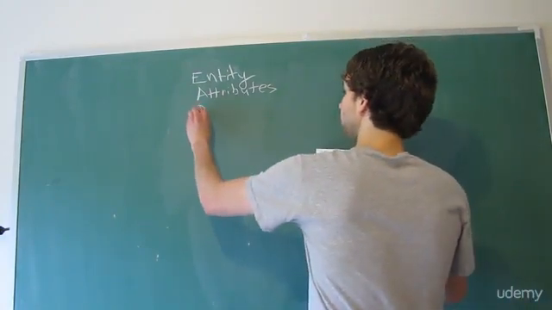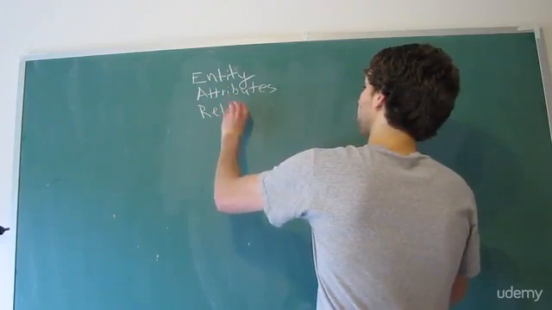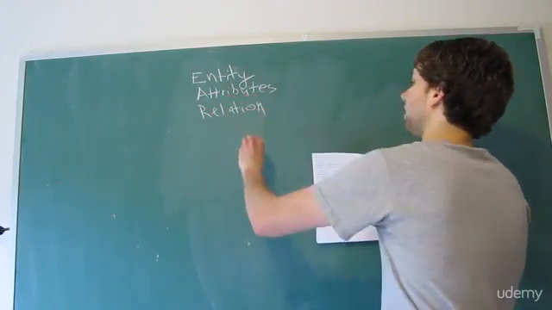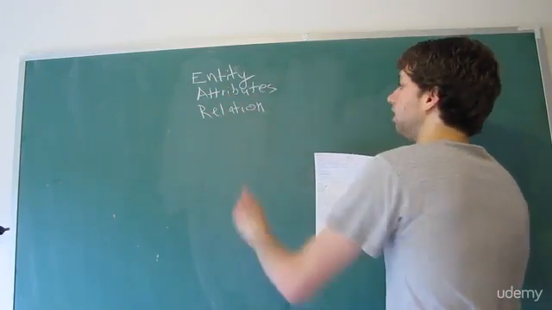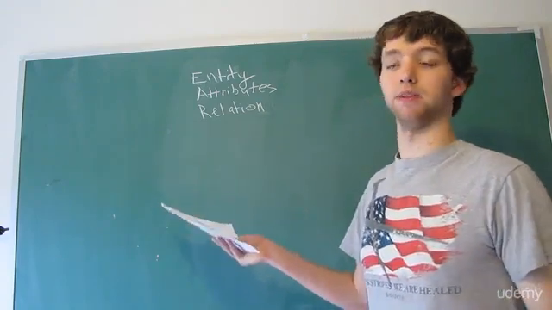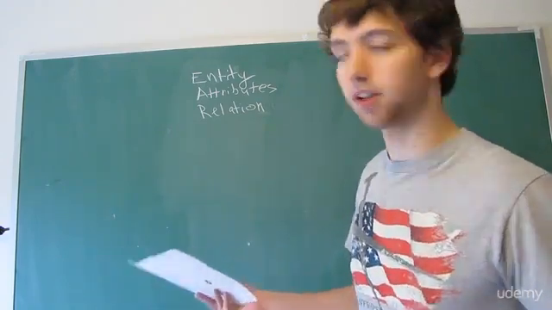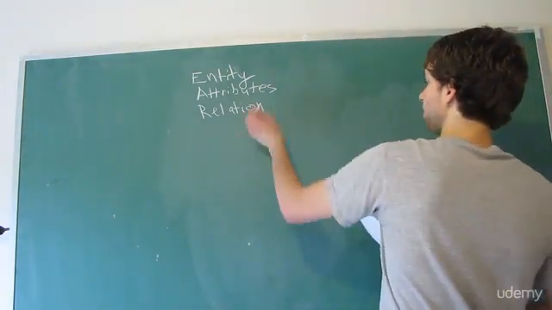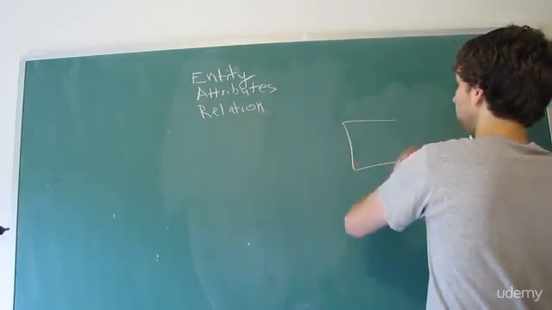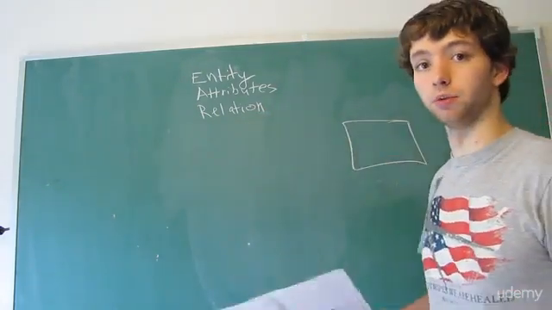A relation, if we're talking about mathematics, is a connection between two sets of data. When we're talking about databasing, put very simply, it's just a table. So a relation is another name for a table, where we have data within our database.